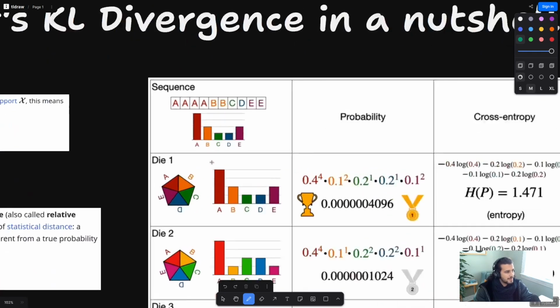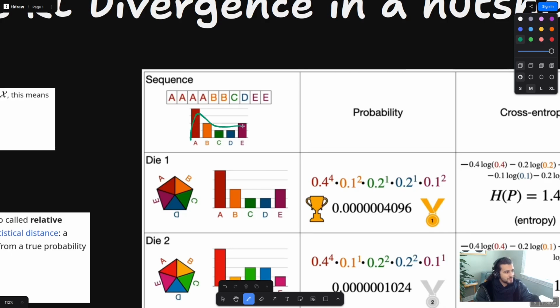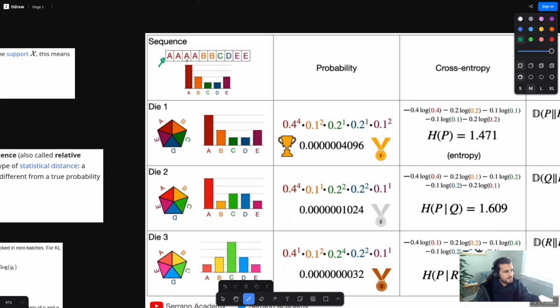But in a nutshell, you have a probability distribution over here for a bunch of outputs that you can have, and you have a sequence that is the current one. This sequence is sampled from some sort of probability distribution, and in this case, this is like a die that has 5 faces, and this one corresponds to this. So this one is actually the thing that is producing the sequence.